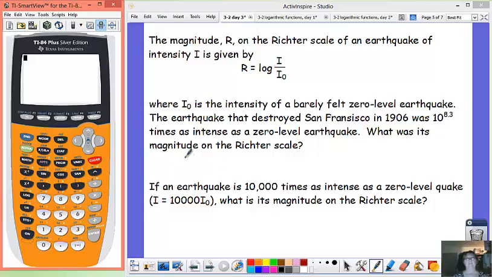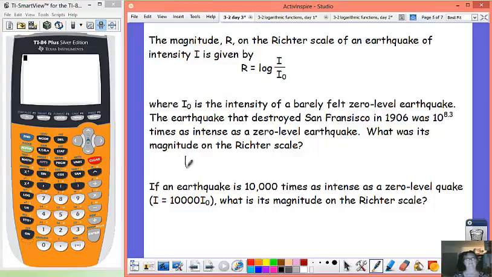Well, I'm sure that we could probably answer that question without using the formula. However, R equals the log of the intensity of the quake that you're interested in, which was 10 to the 8.3, divided by the intensity of a 10 to the 0 earthquake. Well, you remember that 10 to the 0 is 1.